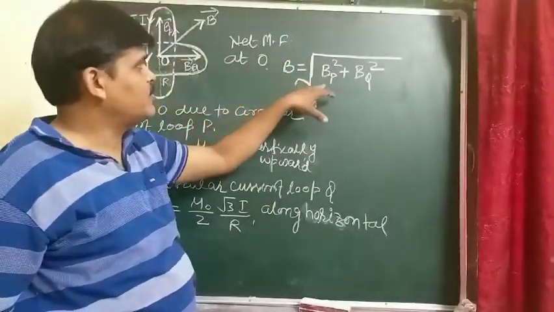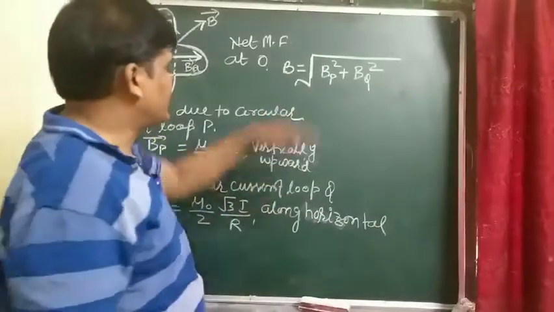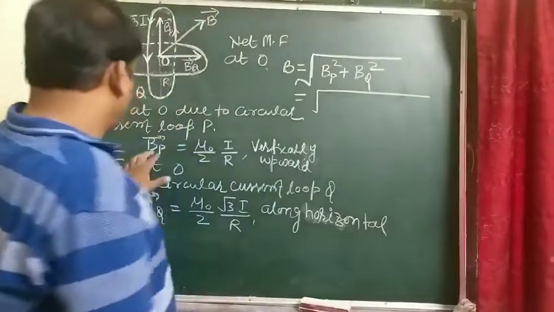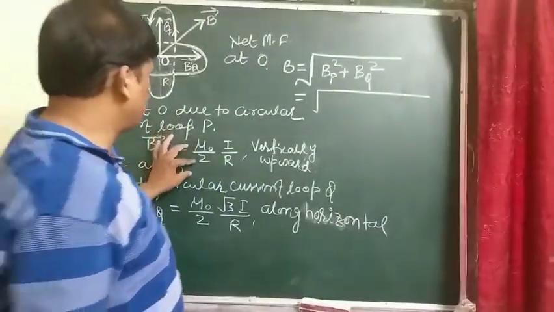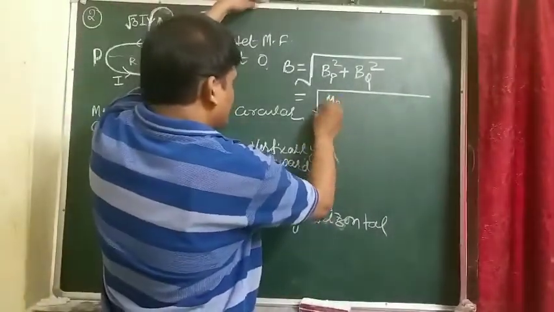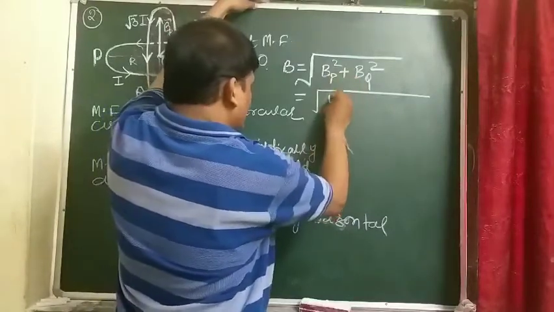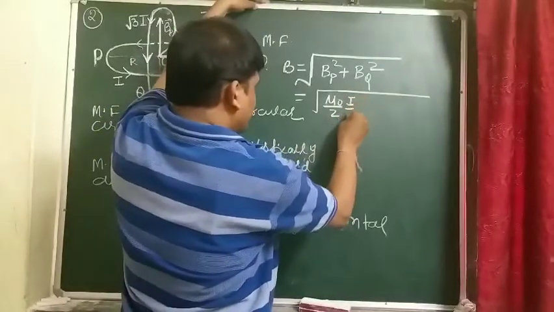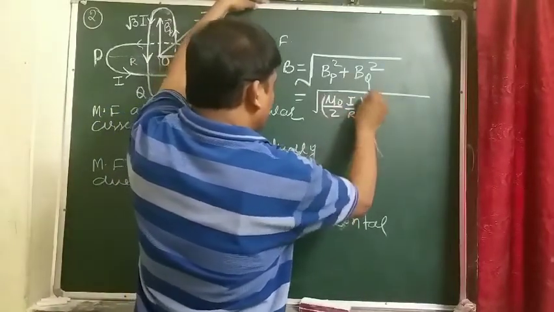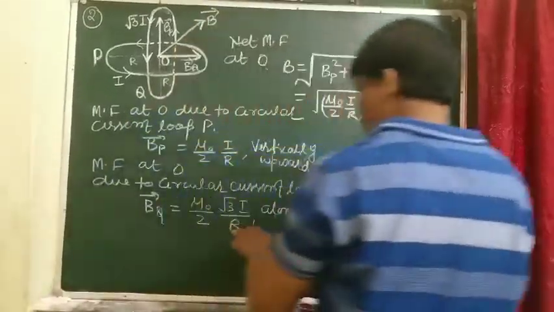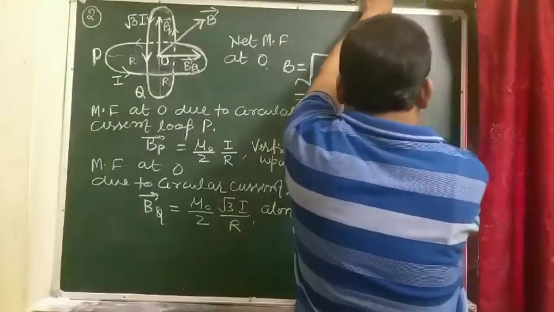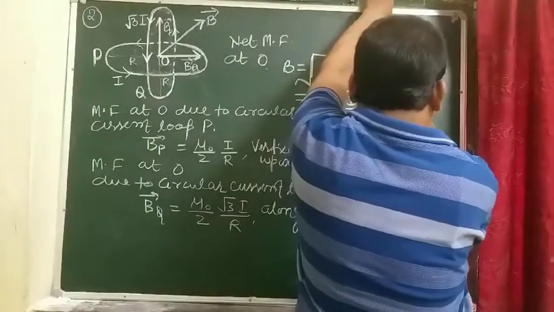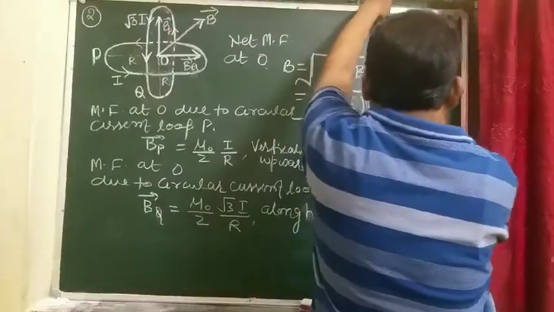B equals under root BP square plus BQ square, where BP is mu naught by 2 I by R whole square, plus mu naught by 2 root 3I by R, whole square.